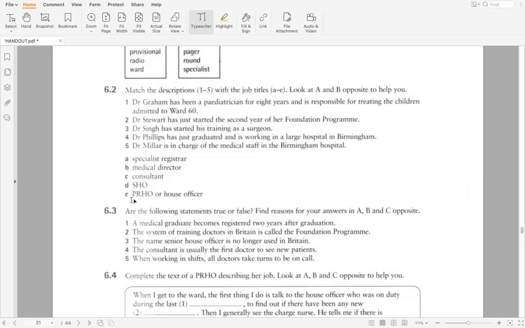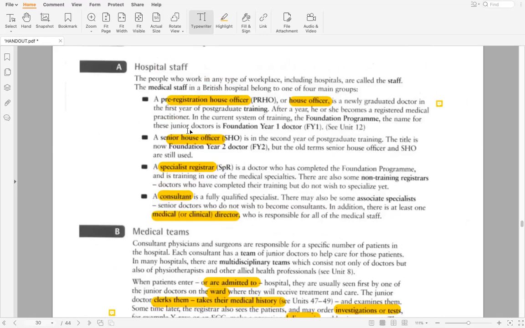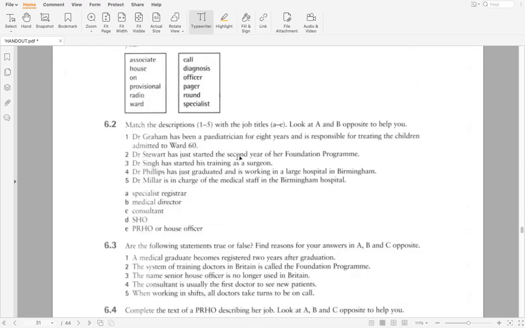Dr. Stewart has just started the second year of her foundation program. This is SHO, which is an abbreviation of Senior House Officer, because she is in the second year.